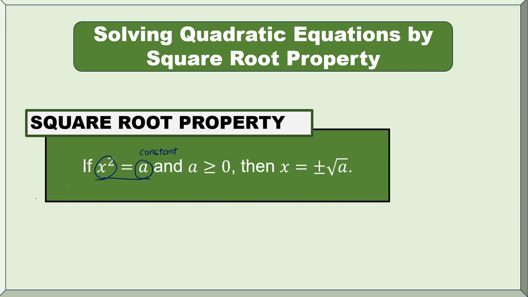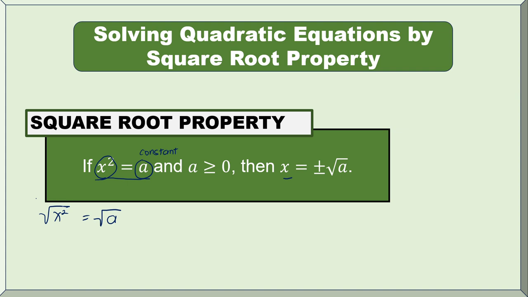And by getting the square root of both sides of the equation, we'll get x equals positive and negative square root of a. So how did we get that part? Remember that radicals are the equivalent form of rational exponents or the fractional exponents.